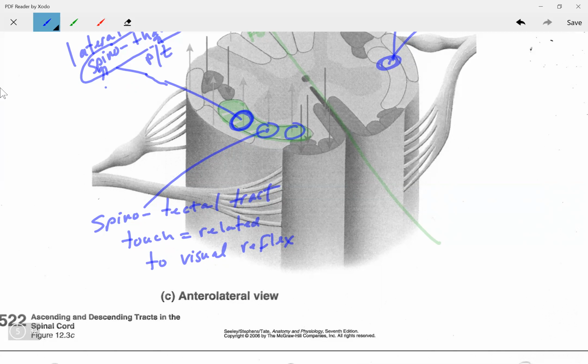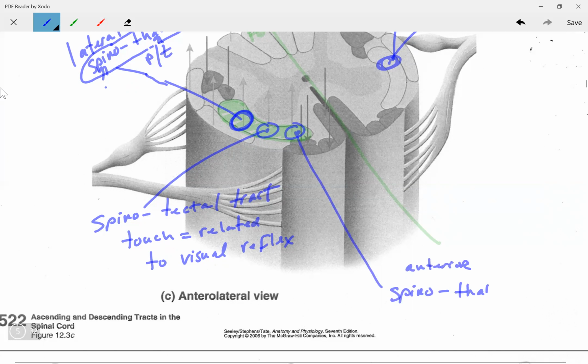Then we have this area, which is the spinothalamic, or the anterior spinothalamic tract.